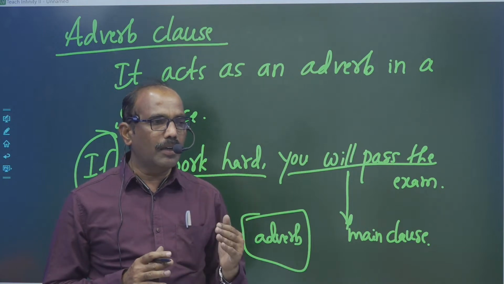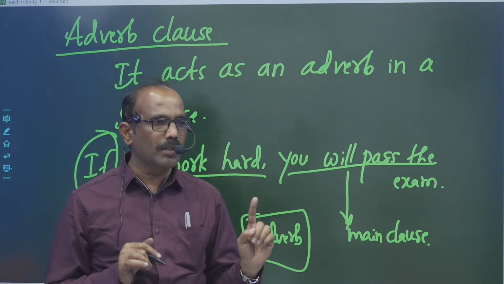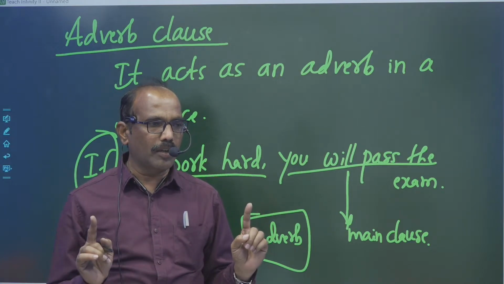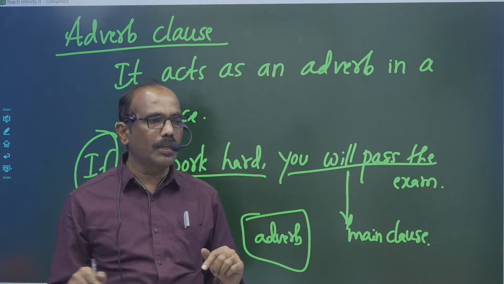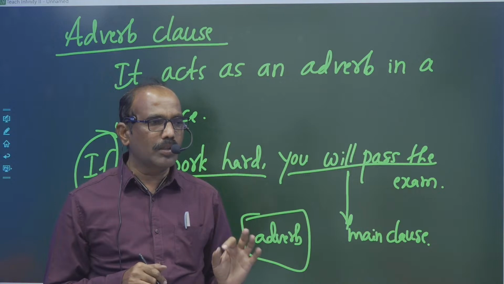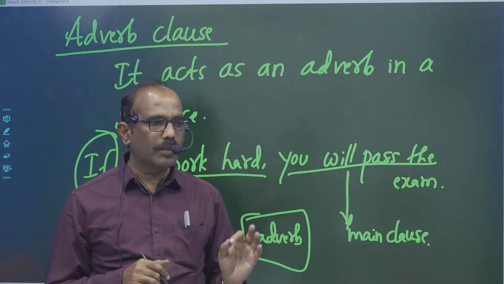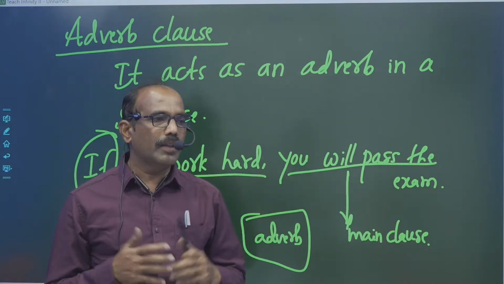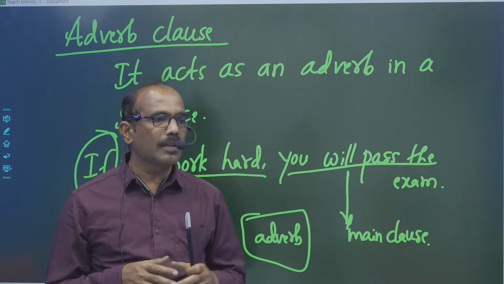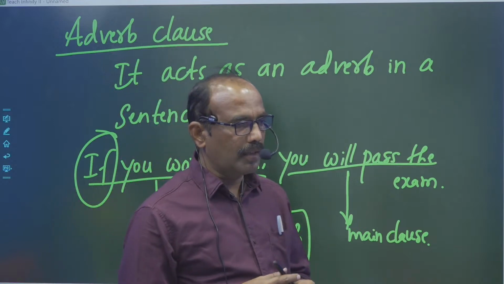And under the clause we have two kinds of clauses. One is main clause, the other is subordinate clause. And the subordinate clauses are further divided into three clauses, that is noun clause, adjective clause, and adverb clause. Noun clauses act as a noun in a sentence, adjective clauses act as an adjective in a sentence, and adverb clauses act as adverbs in the sentences.